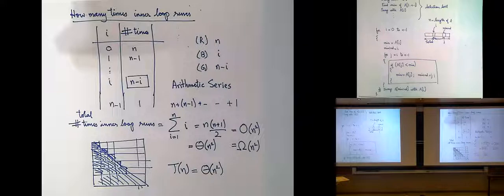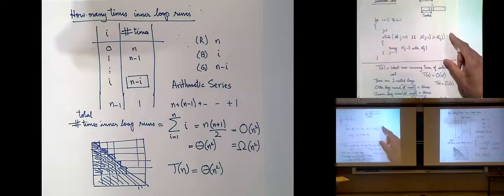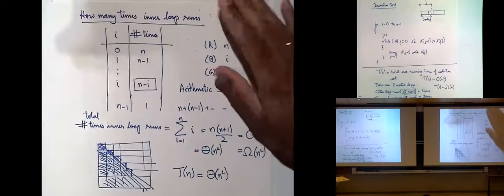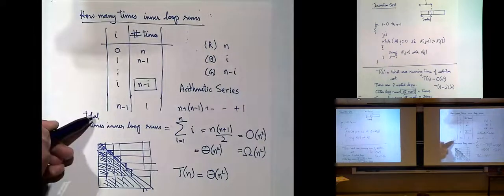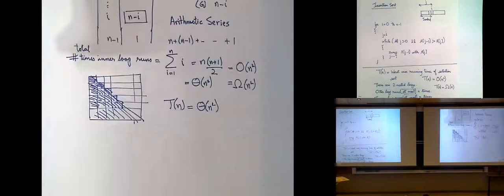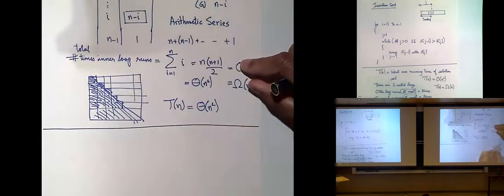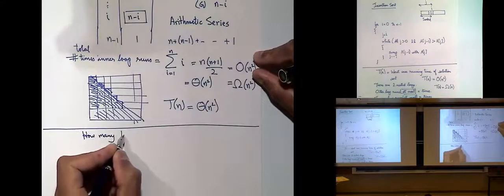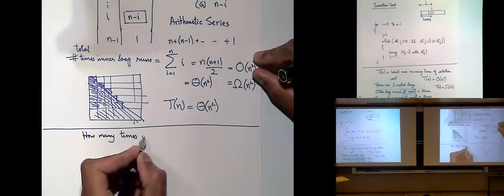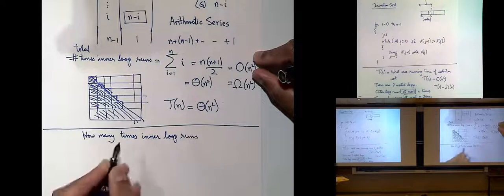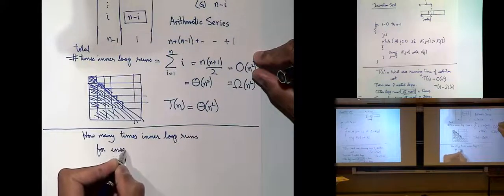Okay? Now, for insertion sort, the picture is sort of different. So let's go to insertion sort now, and let's try to do the same logic over here. How many times does the inner loop run for insertion sort?